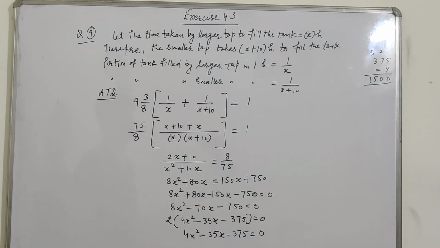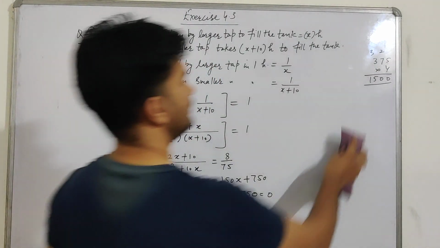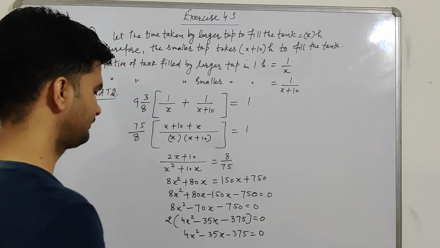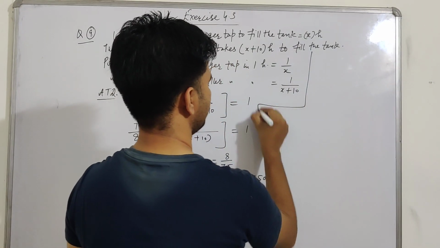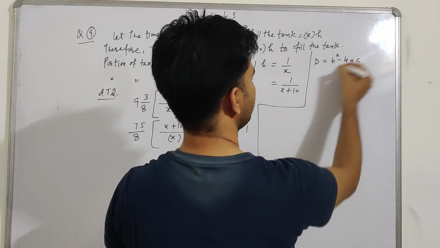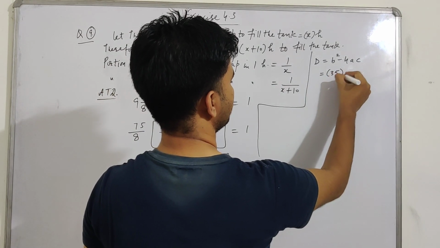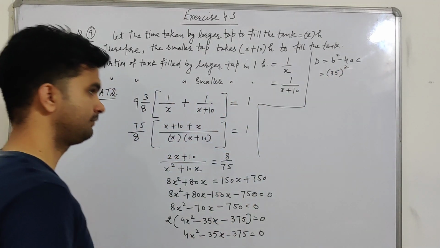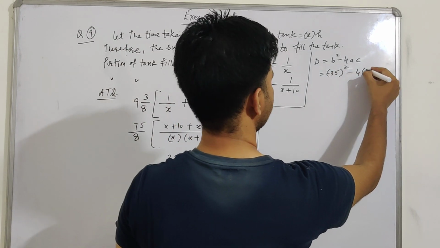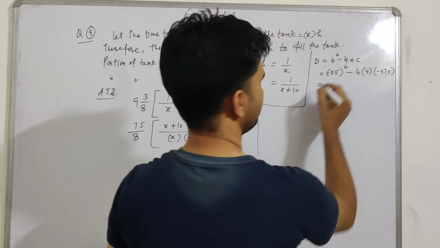So this will become difficult for you, so we will use the quadratic formula here. Now what is the quadratic formula? It is D is equal to b square minus 4ac, and what is D here? B square minus 4ac, where a is 4 and c is minus 375.